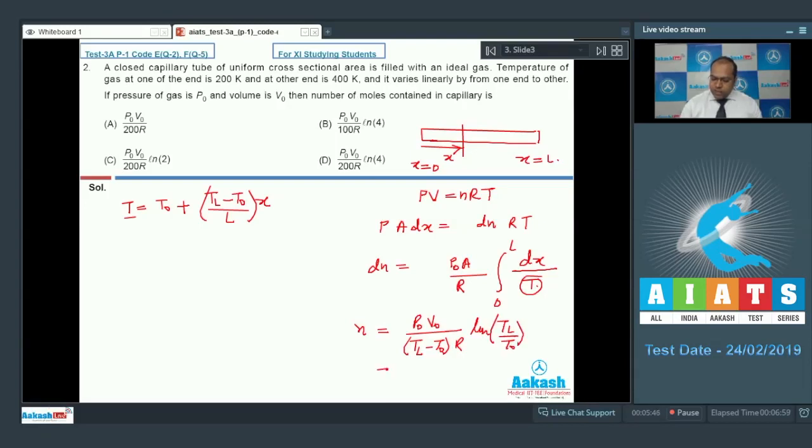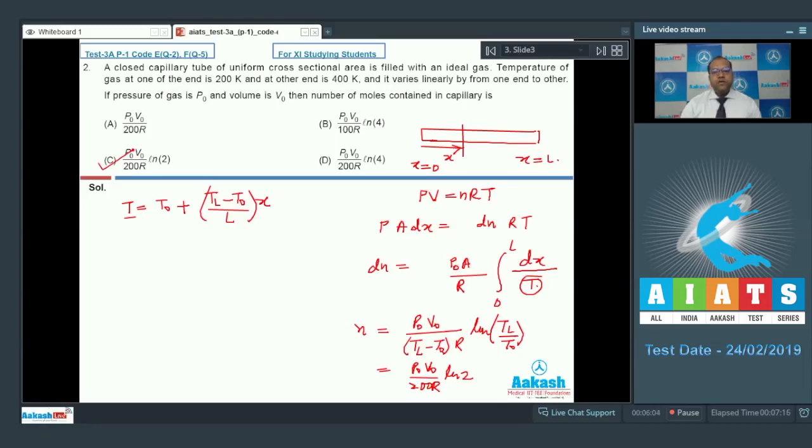Substituting the data, TL is 400 and T0 is 200, so the difference is 200 into R ln 400 by 200, that is ln 2. So option C is the correct answer.